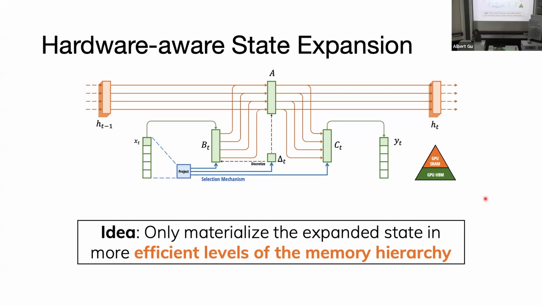And here we're going to use implementation tricks to do this efficiently, where we are still going to implicitly materialize it, but not in the location in the GPU that is expensive. We're going to materialize it in a more efficient, ephemeral part of the GPU. So this is occurring at the intersection of algorithms and hardware.